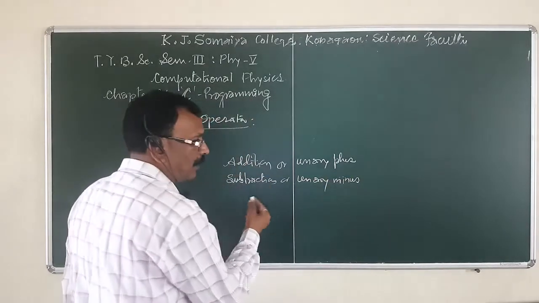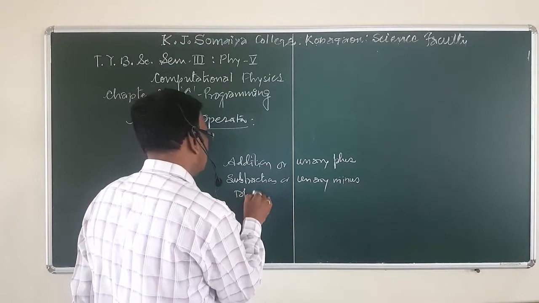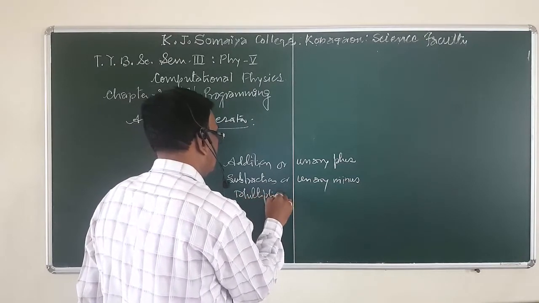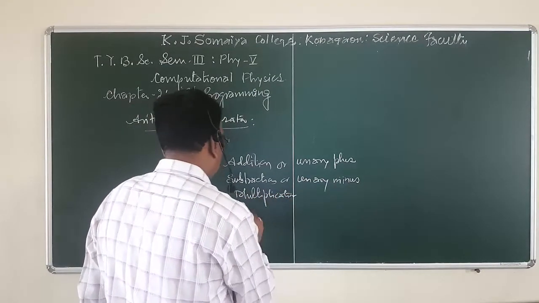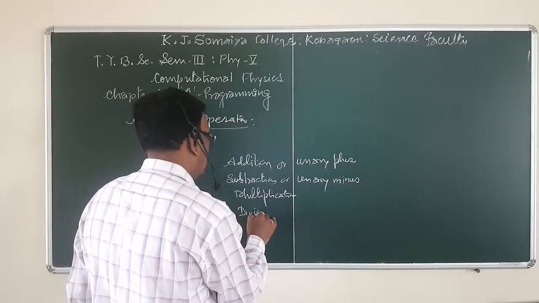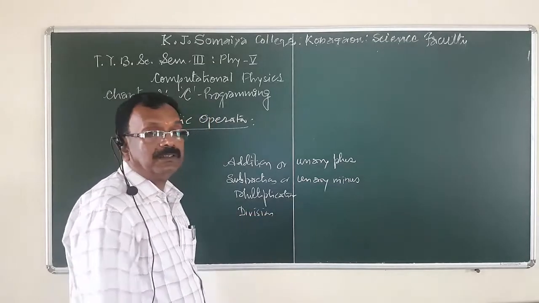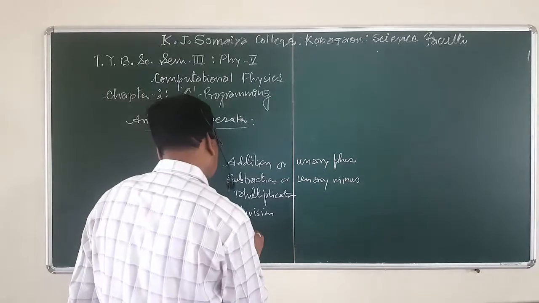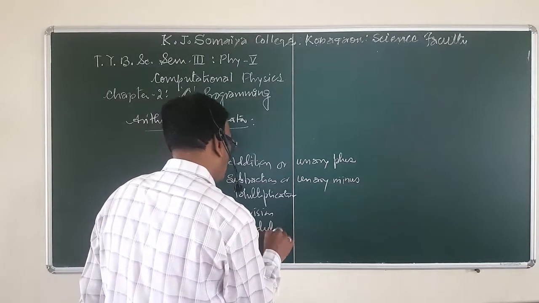The next arithmetic operation is multiplication, then division, and the last one is modulus division, or modulo division.